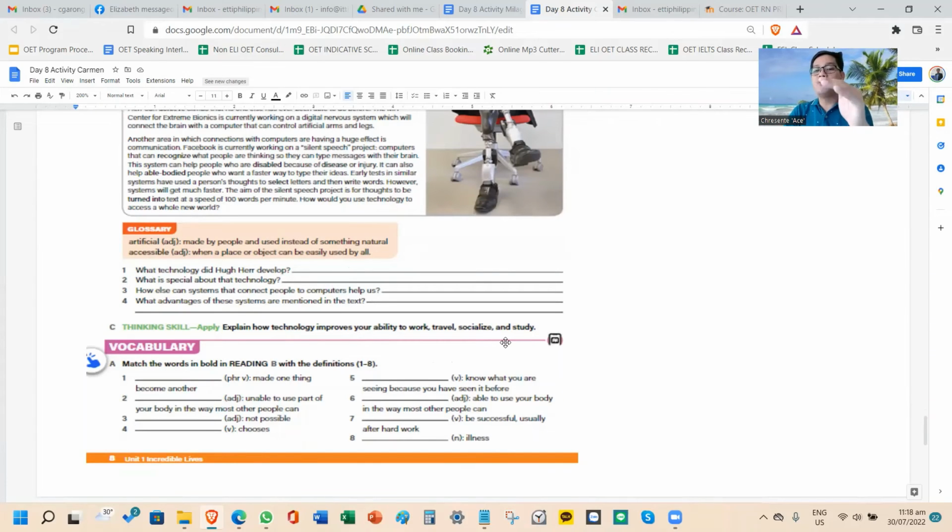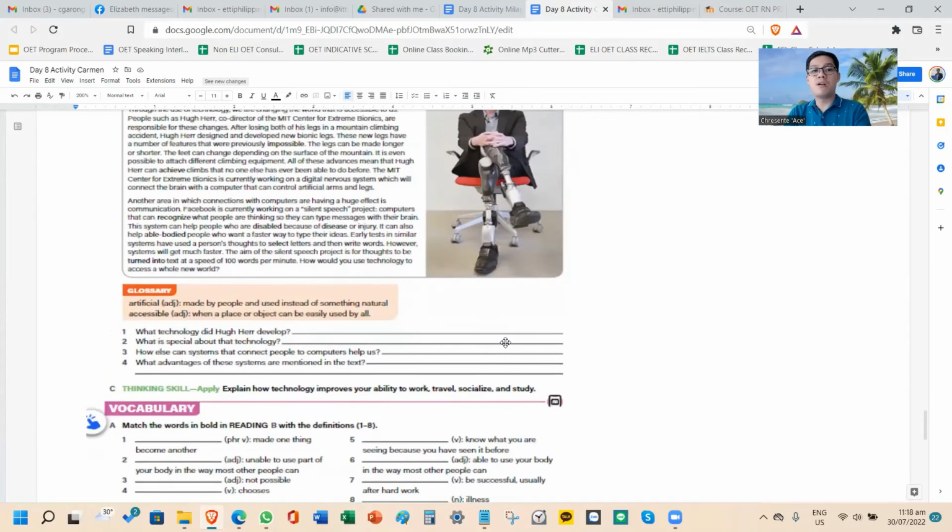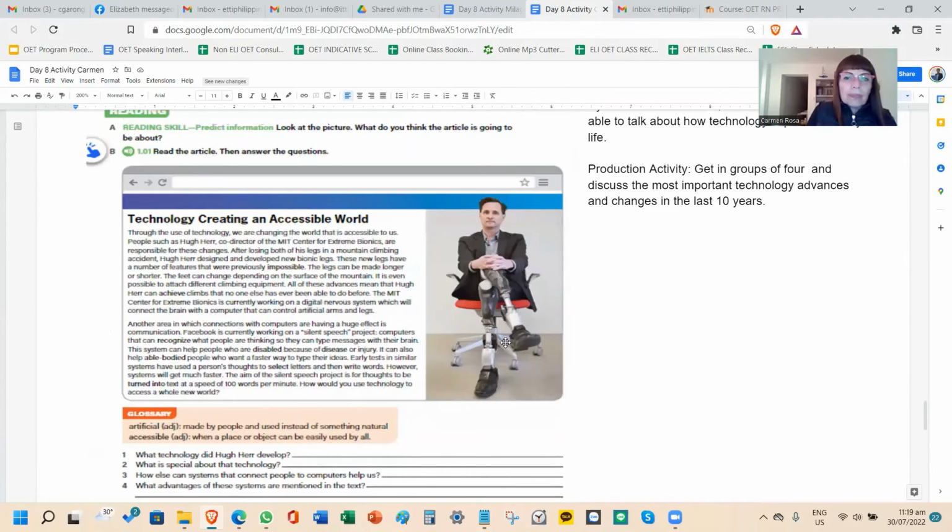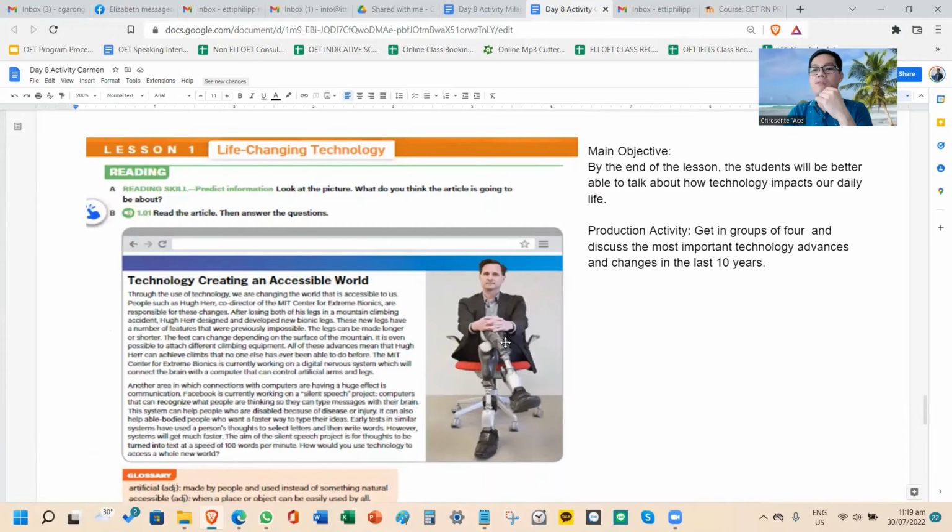Here you don't have to recreate a technology, but maybe share and talk about the technology's purpose in your life and work. By the end of the lesson, the students will be able to talk about how technology impacts our daily life. It's too generic.